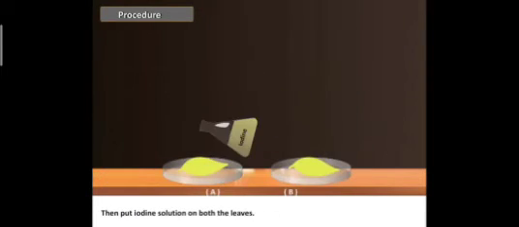Then put iodine solution on both the leaves. Check the leaves for the presence of starch by iodine test. Do both the leaves show the presence of the same amount of starch?